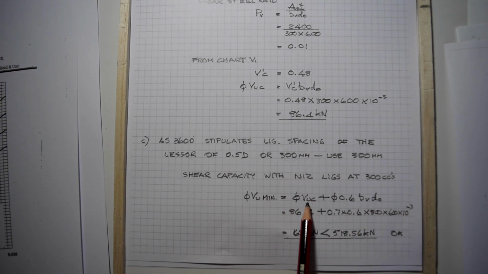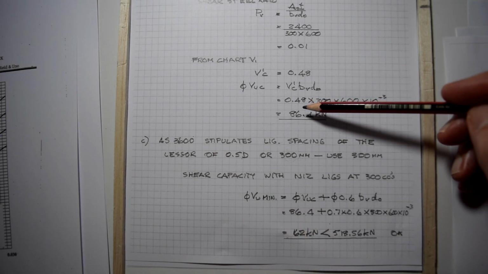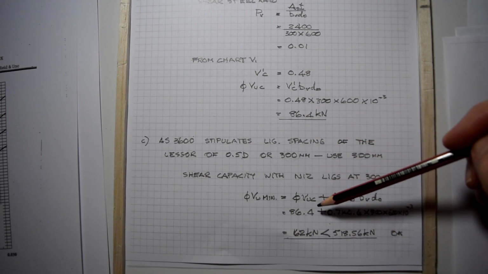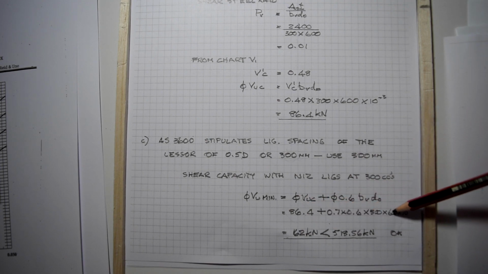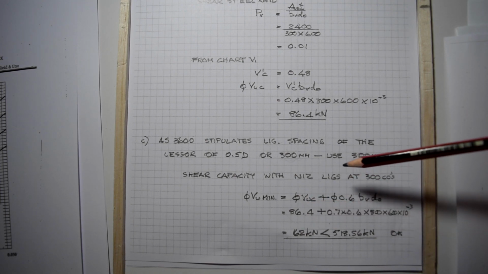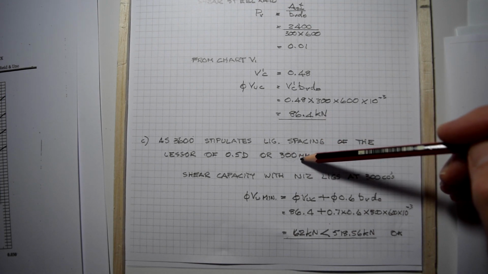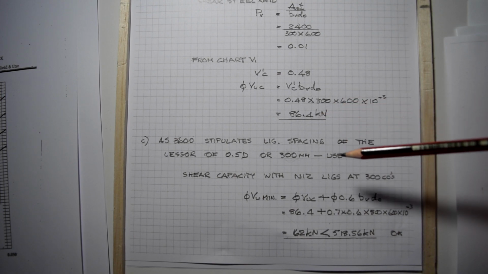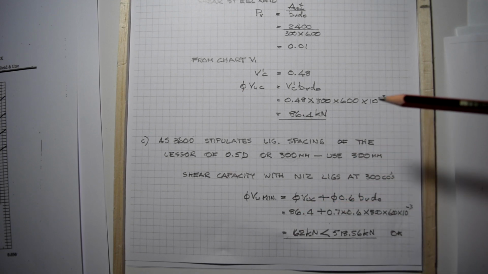And we can now work out what the shear capacity is with N12 ligs at 300 centers. Using this formula, we've got phi VUC, which is the shear capacity with the tension steel, because the tension steel is still in the beam. So we add that to this calculation we're going to do there to get the total strength of the beam with standard spacings of ligatures, taking into account the tension steel. So there the tension steel is 86.4.